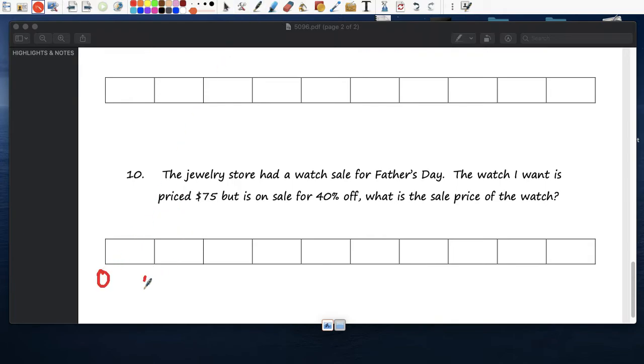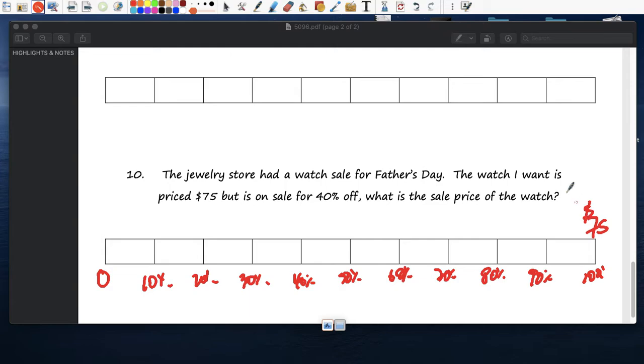So 10%, 20, 30, 40, 50, 60, 70, 80, 90, 100. What's the full price? The watch is $75, but we're not going to pay $75 because you have a discount. 40% off, so take that out. You're not going to pay those boxes, so you're going to pay 60%.